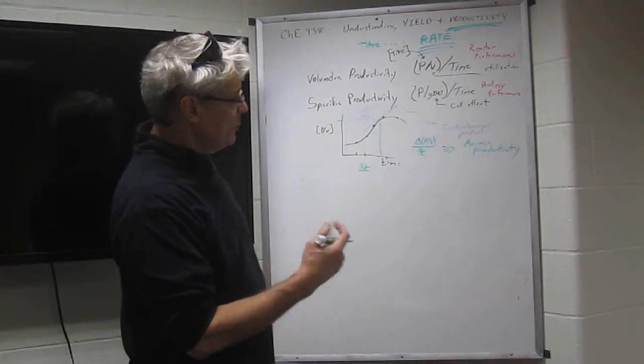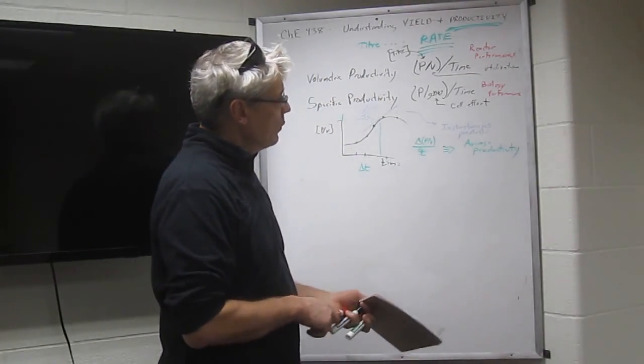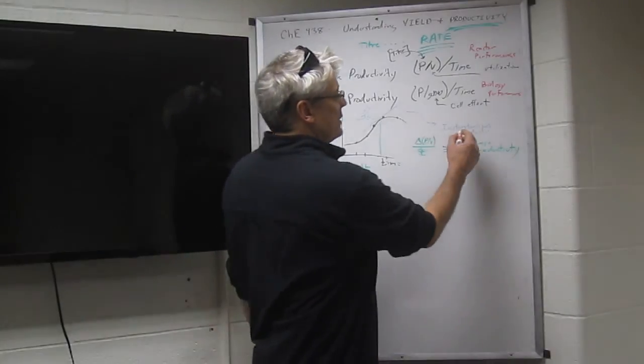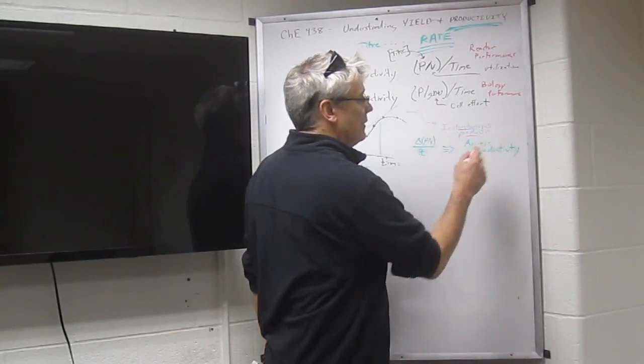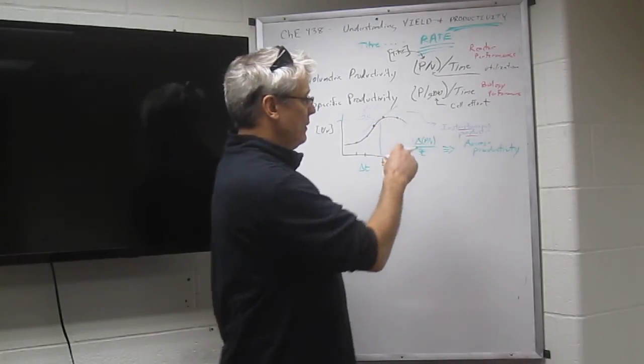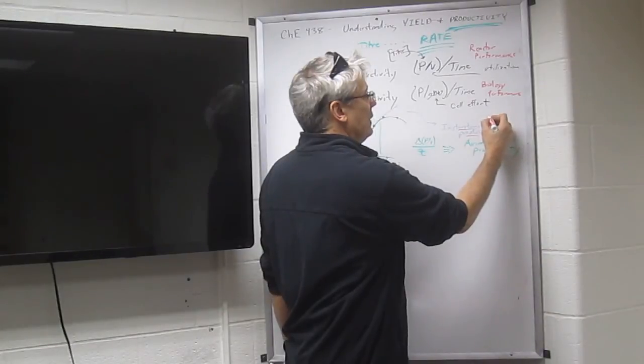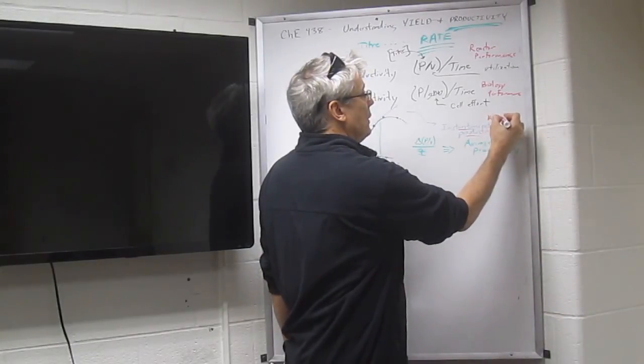So you can see that in many ways, this is kind of the decision point, if you will, of when to kill the run. Instantaneous productivity is telling you that, hey, you're not making money anymore relative to this point in time. So this may be like a kill the run question, okay?